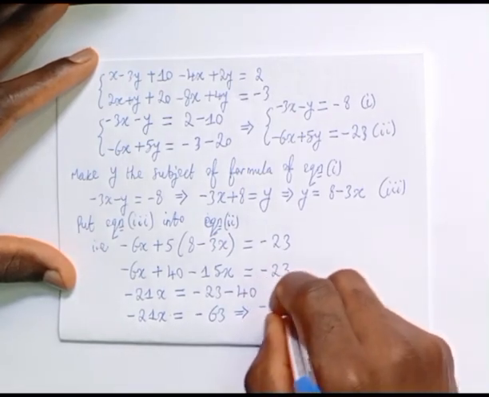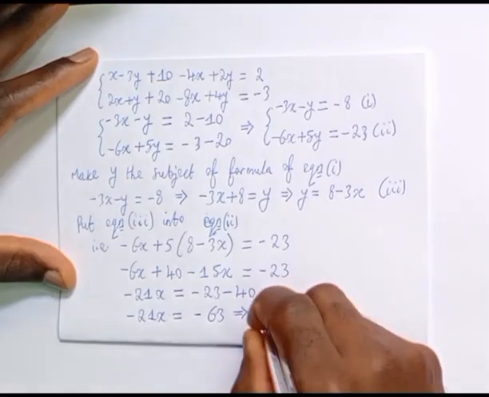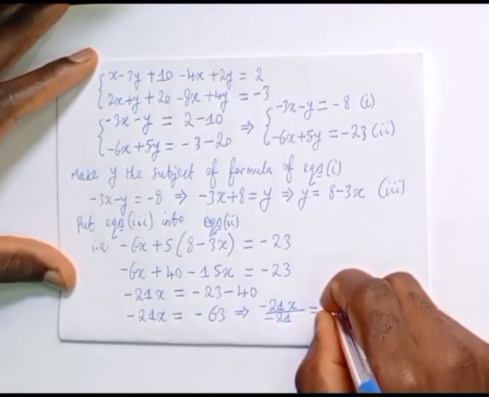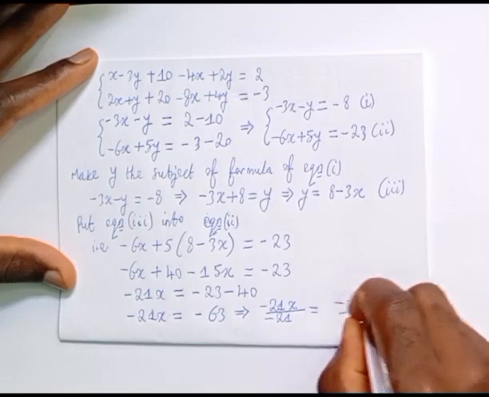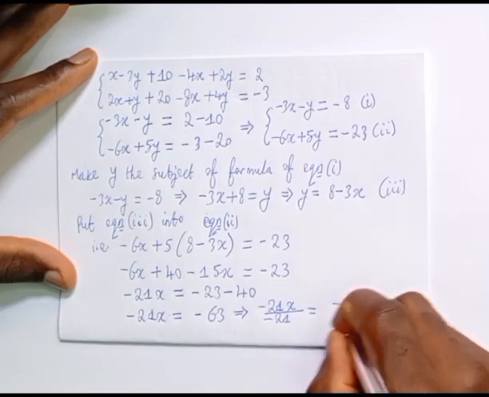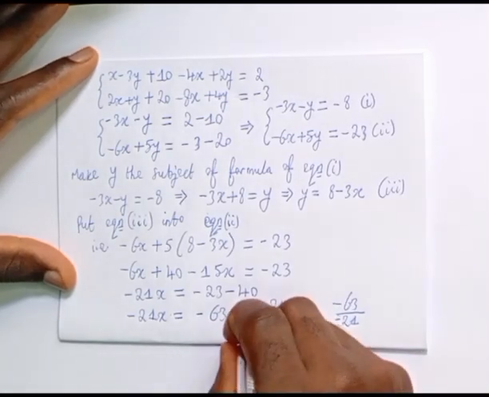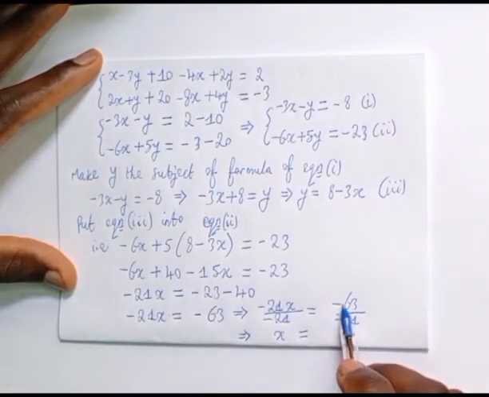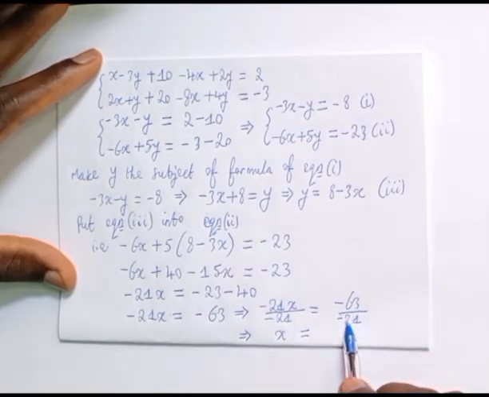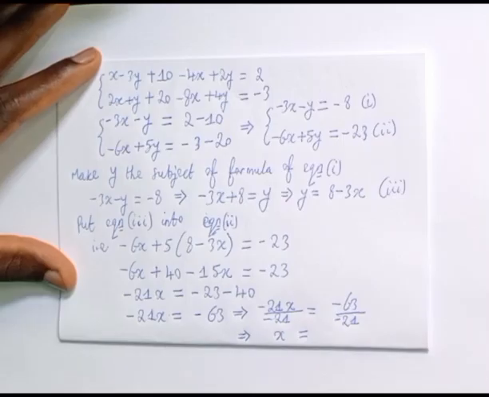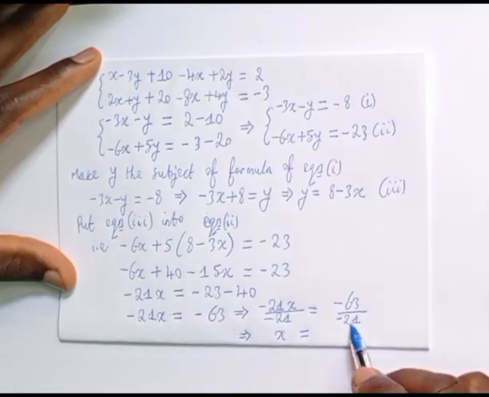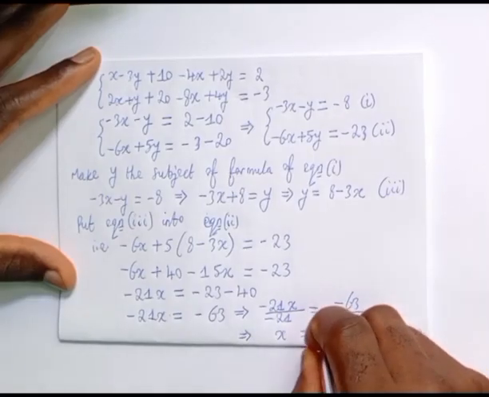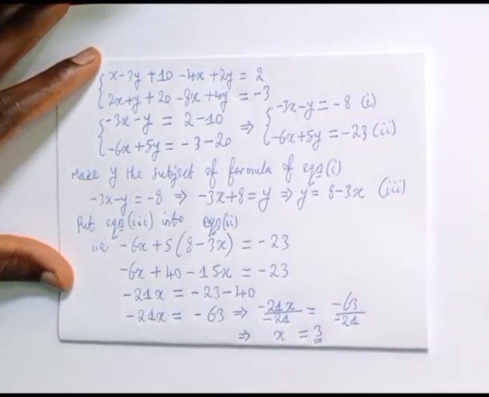Negative 21x divided by negative 21 is equal to negative 63 divided by negative 21. This will imply that x will be equal to, we are dividing two negative numbers, so the result will be positive. 63 divided by 21 gives us 3. This is the value of x.